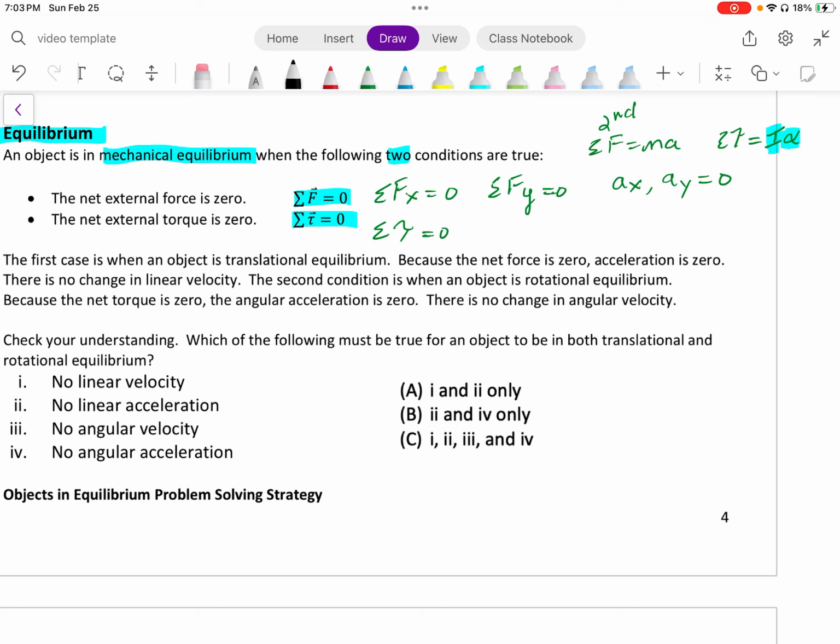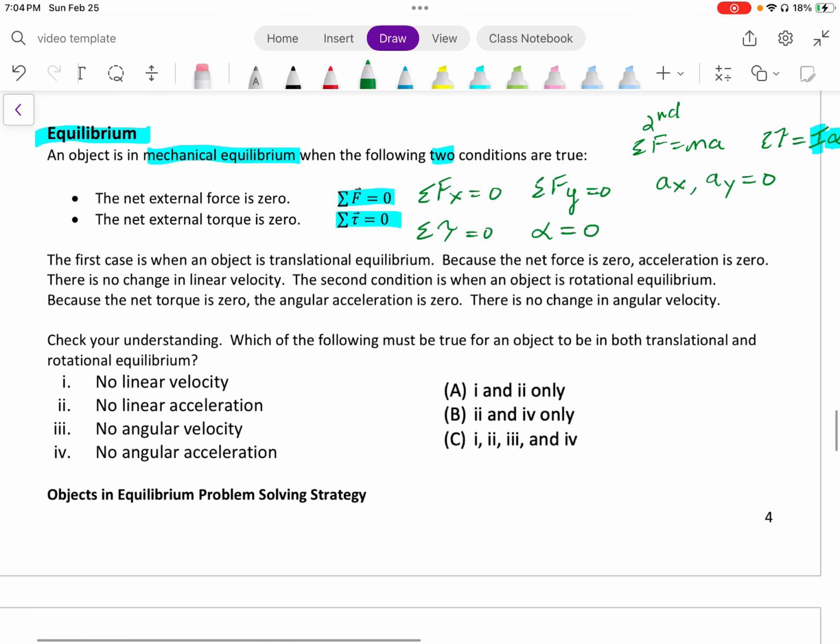So again, back to where we were. The sum of all the torques equals zero. What does that mean? That means the angular acceleration is going to equal zero. This does not mean that there isn't a velocity or an angular velocity.